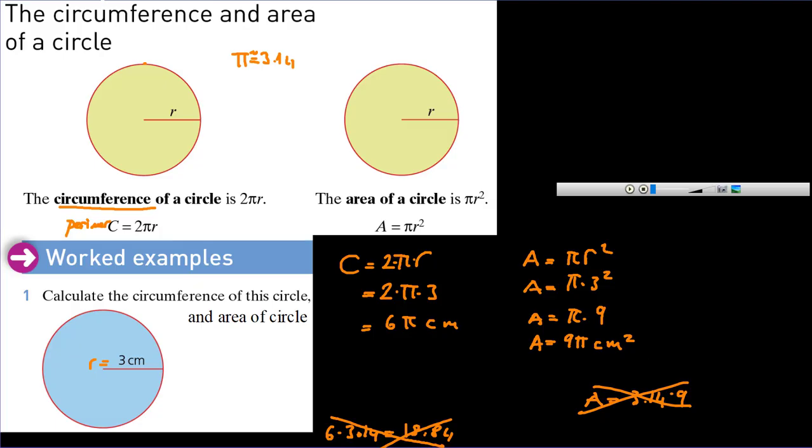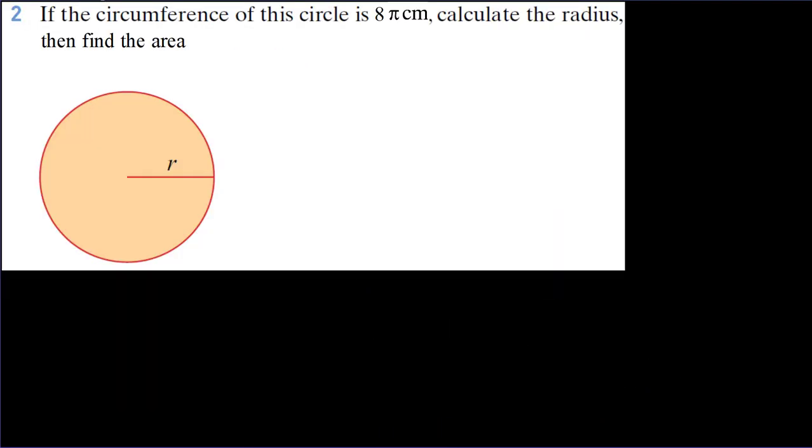Okay, let's continue with some questions. If the circumference of the circle is 8 pi centimeter, calculate the radius. Here the circumference formula is given, 2 pi r, you know that one. So 8 pi, which is given, is equal to 2 times pi times r.